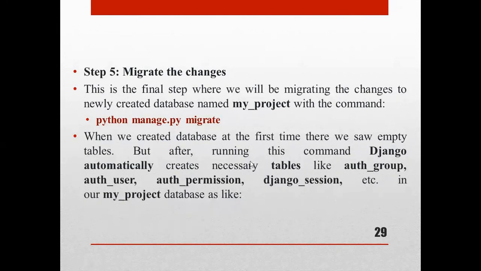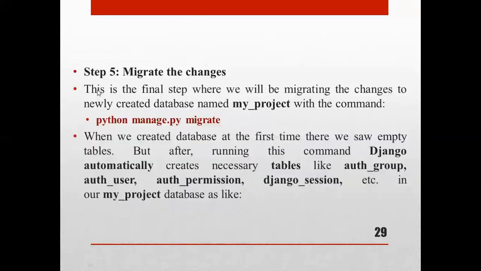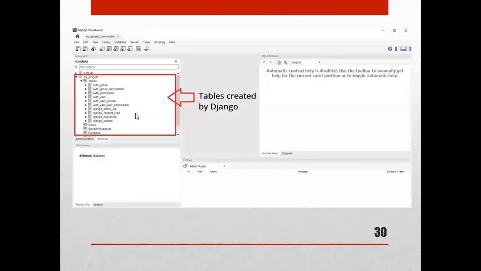It will create the tables inside that database after executing the python manage.py migrate command. Here you can see previously this table field is empty. After executing the migrate command, in our my project database we have folders like tables, views, stored procedures and functions.